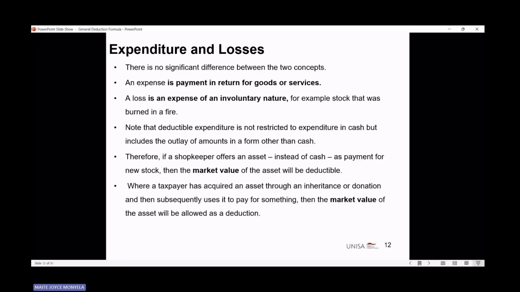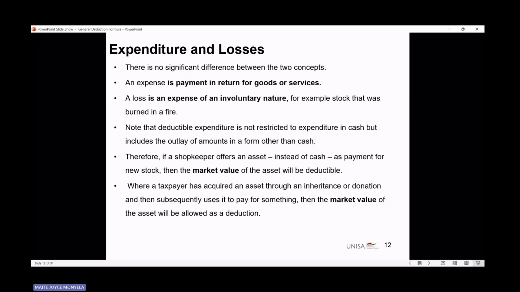So note that deductible expenditure is not restricted to expenditure in cash, but includes the outlay of an amount in a form other than cash. Therefore, for example, if a shopkeeper offers an asset instead of cash as payment for new stock, then the market value of the asset will be deductible.